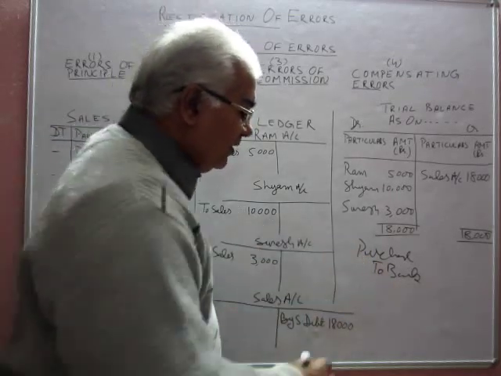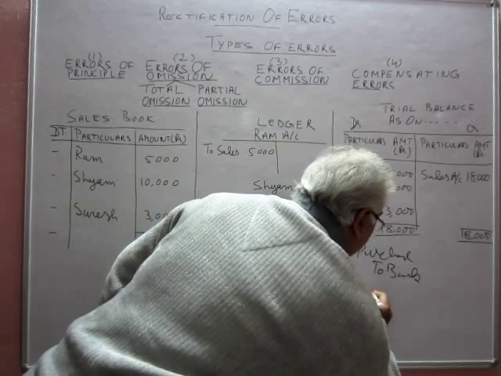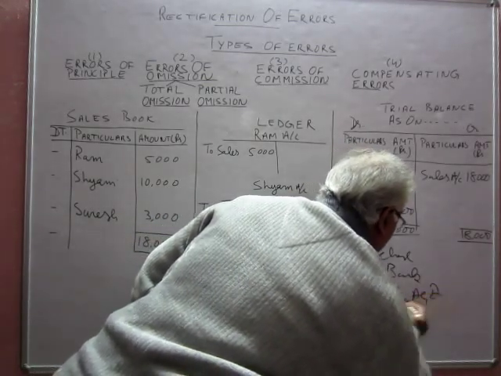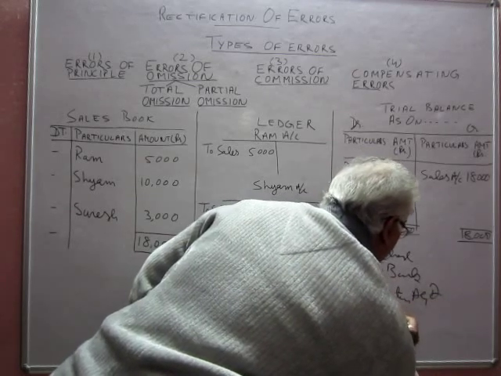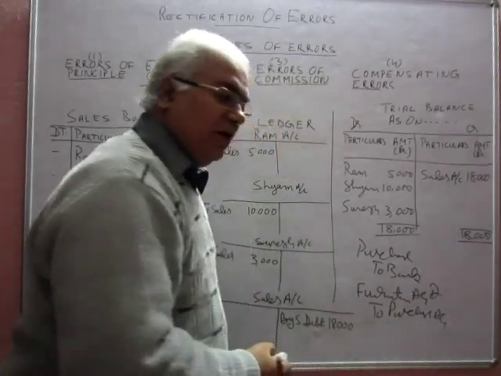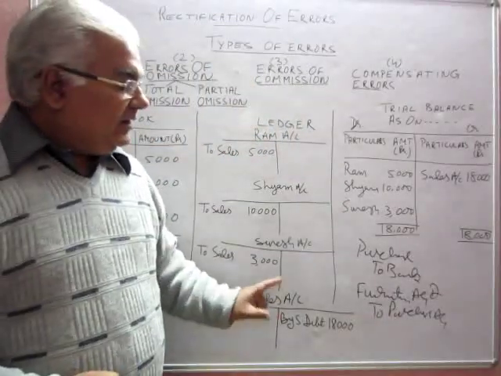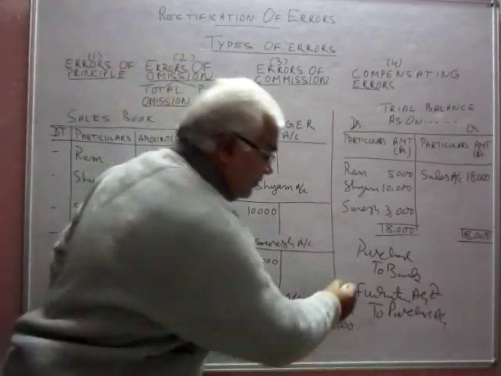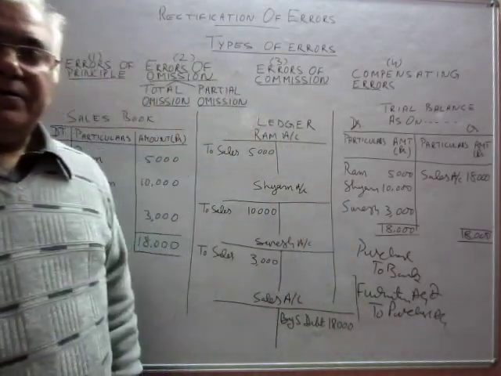So your entry should be furniture account debited to purchase account with whatever the amount of furniture bought. So these kind of errors can be rectified by putting a journal entry.